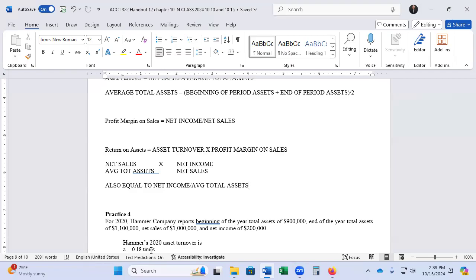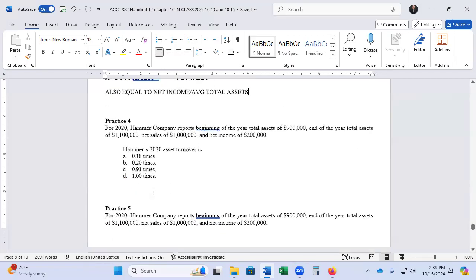And then return on assets gives you how much profit you're earning on your assets. Okay, so take a try and practice 4.